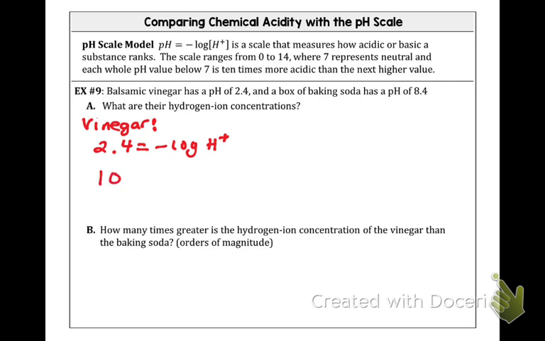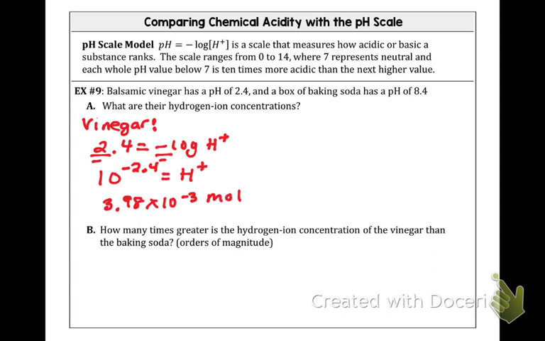That's a common log, so 10 to the negative 2.4 is equal to H plus. I'm just going to divide out that negative and move it over, so it becomes my exponent. So 10 to the negative 2.4 is approximately 3.9 times 10 to the negative 3.